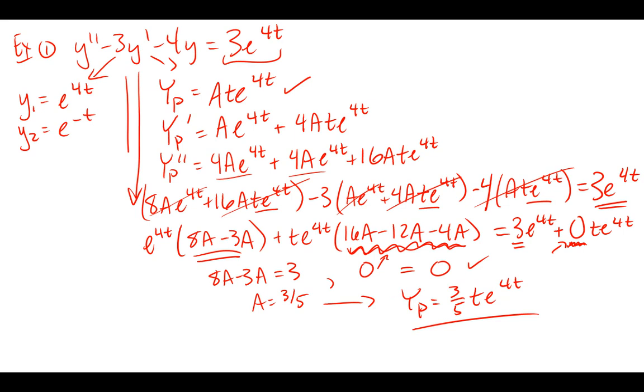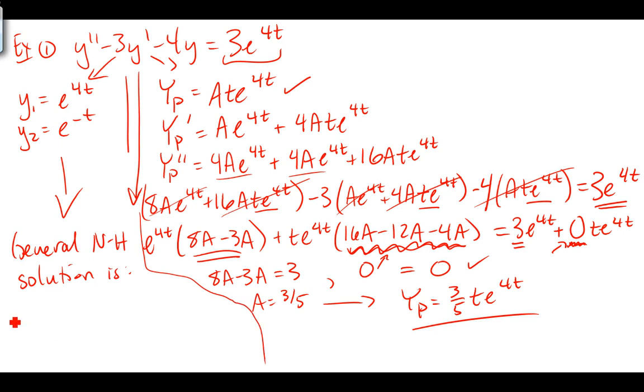And if we want to do our usual nice little summary here at the end, the general non-homogeneous solution is, let me give myself a little space here, big Y, so c1 y1 and c2 y2, and then my one non-homogeneous solution.